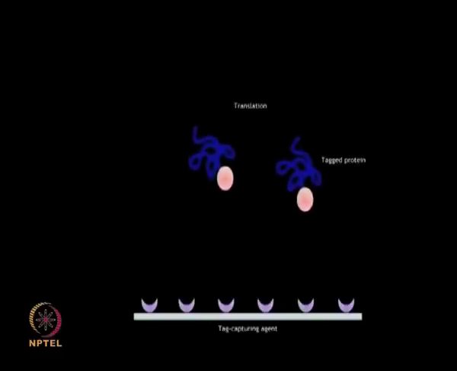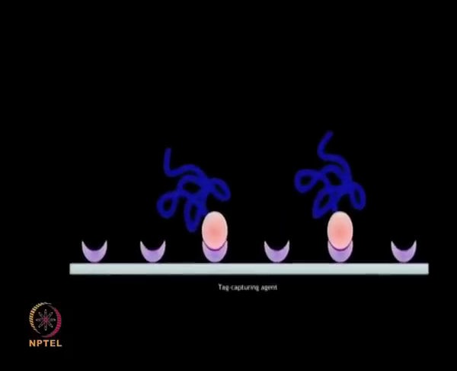The tagged protein is captured specifically onto the array surface through the tag capturing agent. The PISA method has successfully overcome drawbacks of cell based techniques such as protein insolubility, aggregation, etc.